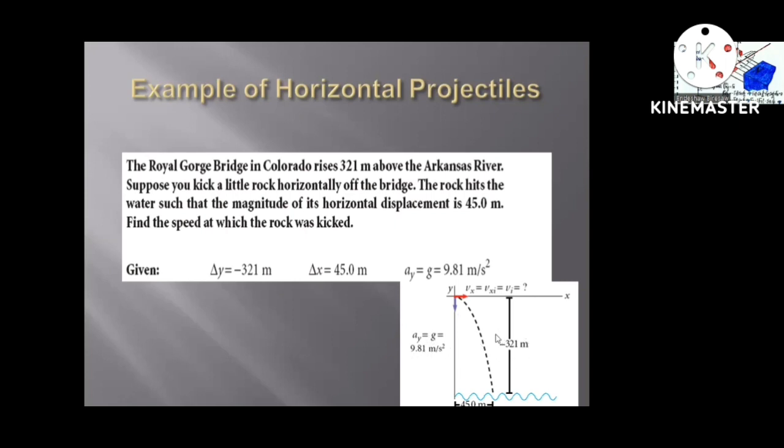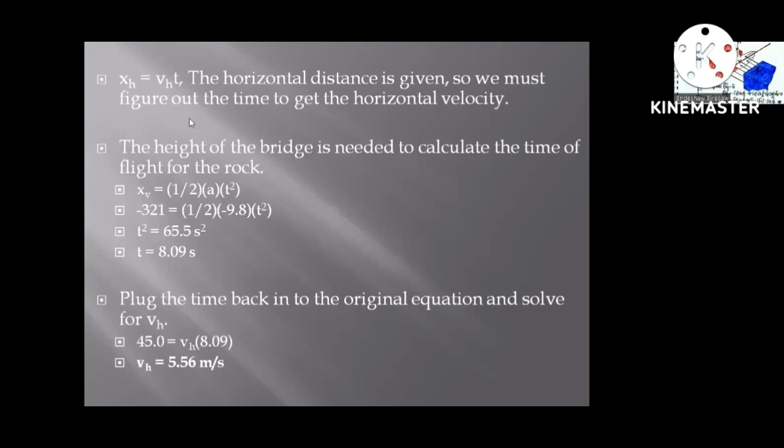The change in x, the range, is given by vh times t, that is, x horizontal equals v horizontal times t.